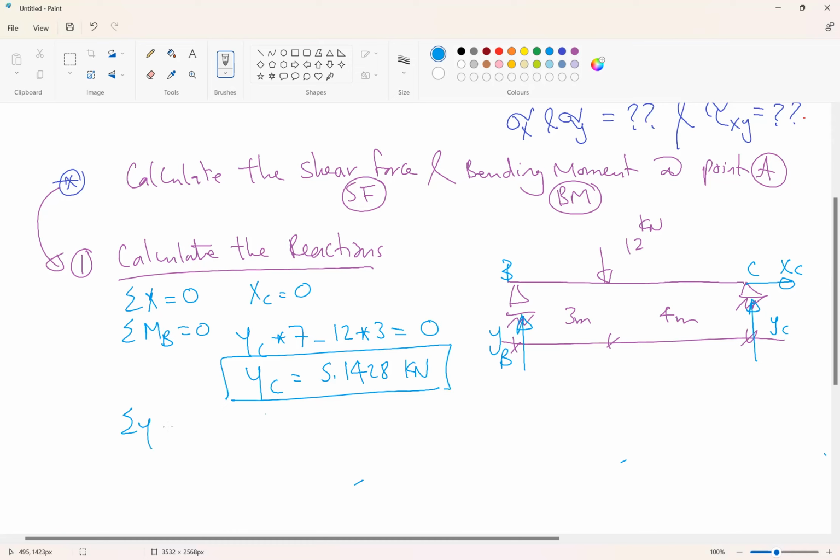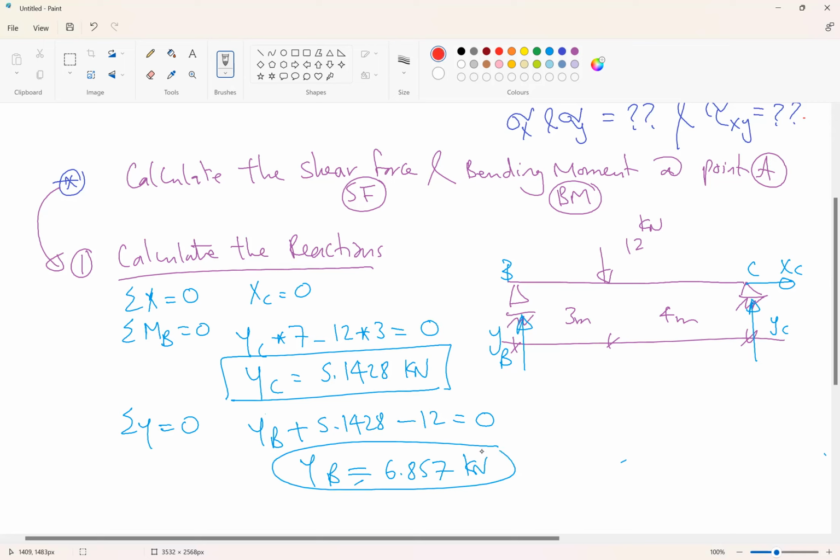Apply summation y equal to 0, so we have YB plus 5.1428 minus 12 equal to 0, so YB equals 6.857 kilonewton.